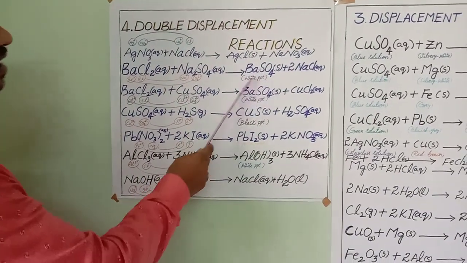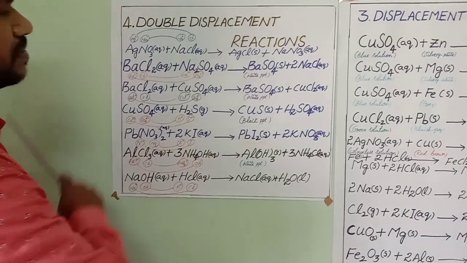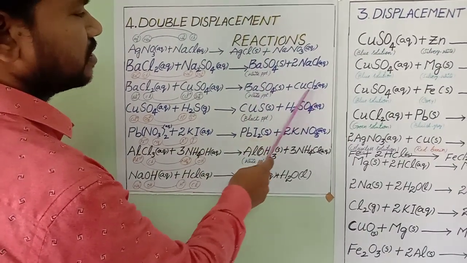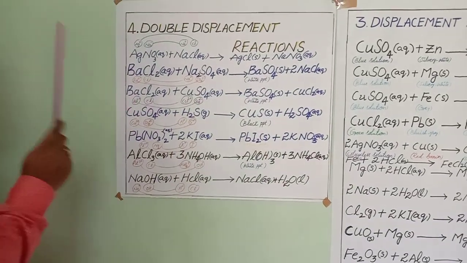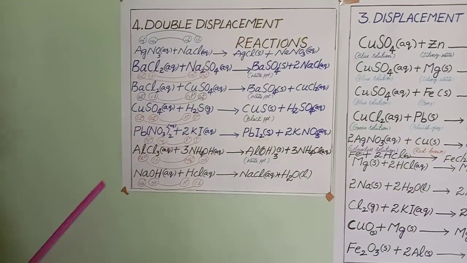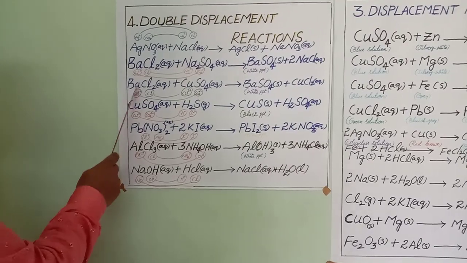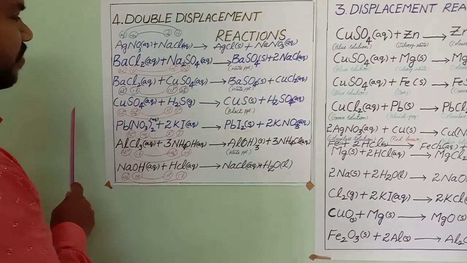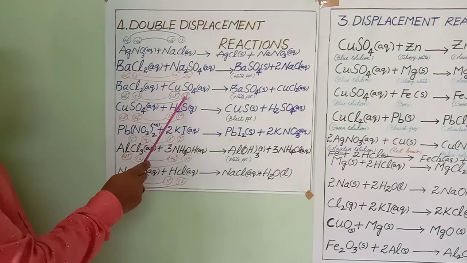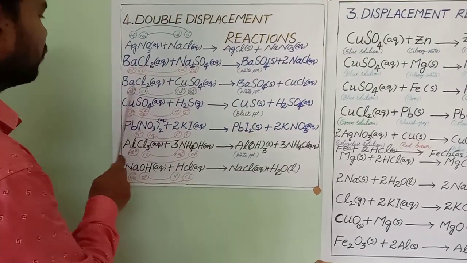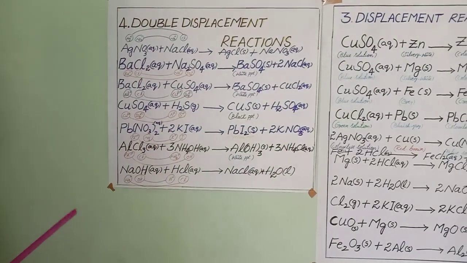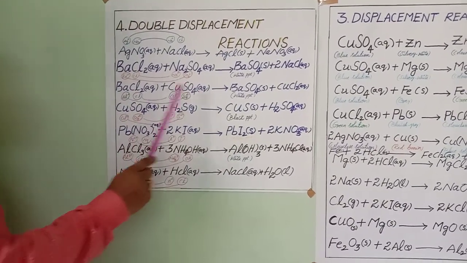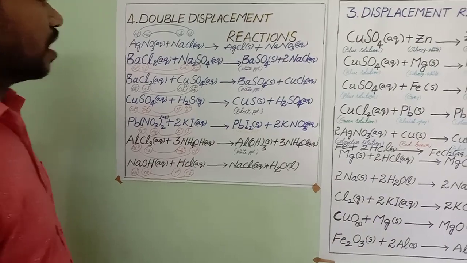Here barium sulfate, a white colour precipitate, is formed, and copper chloride also forms along with it. Barium chloride, as already discussed, contains two radicals, Ba2+ and chloride Cl-. Copper sulfate contains Cu2+ and sulfate SO4 2-. When these two substances are mixed together, they mutually exchange their ions to form two new compounds.